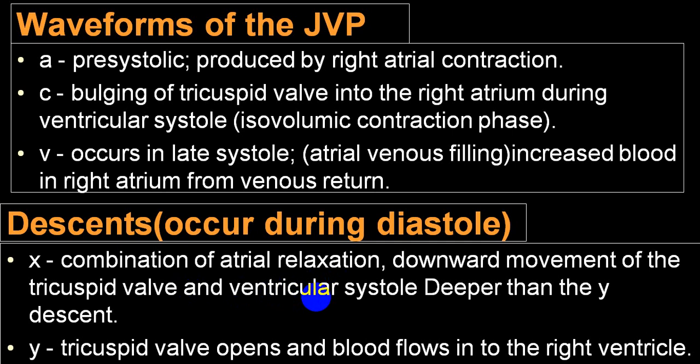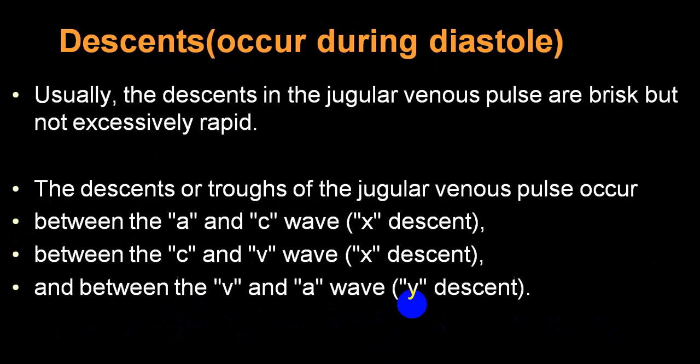During that diastolic period, the blood from the right atrium enters the right ventricle because of opening of the tricuspid valve, and that produces a sharp fall in right atrial pressure, which gives rise to the Y descent. So these are the components.